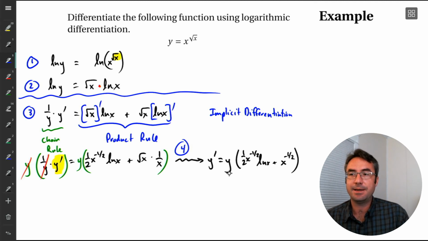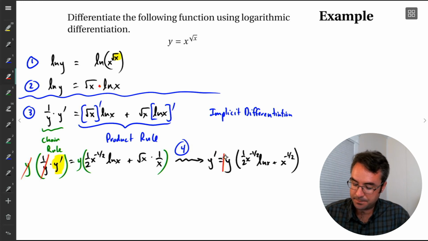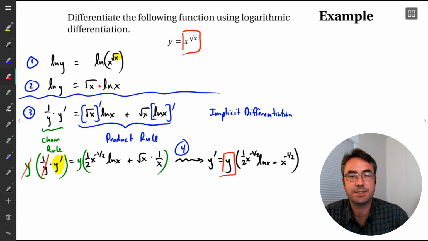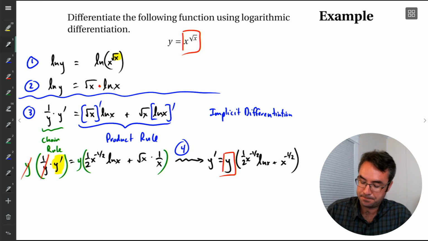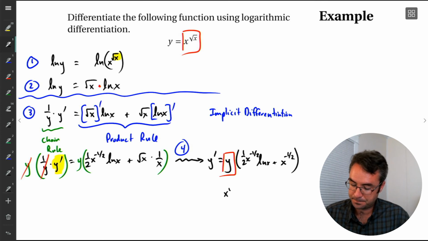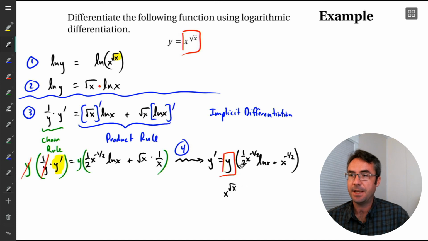Now, we have this y here. We don't want the y. We want to get rid of it. So we want to replace that with what our original function is, and it's that x raised to the square root x. So we just make that replacement. And while we're at it, if we simplify here, always keep an eye out for easy things to factor. So both of these have an x raised to the negative 1/2.